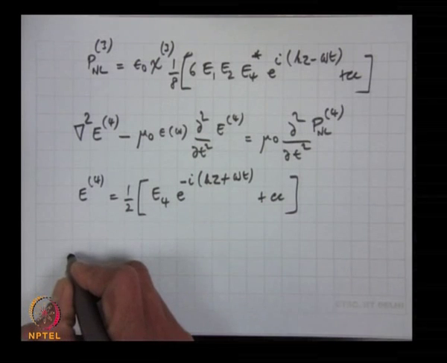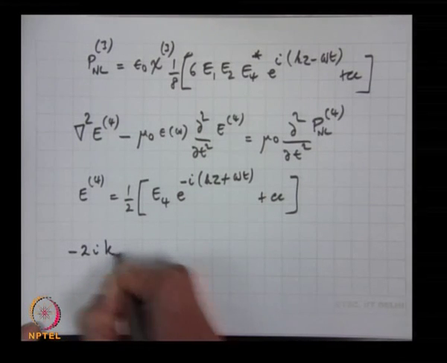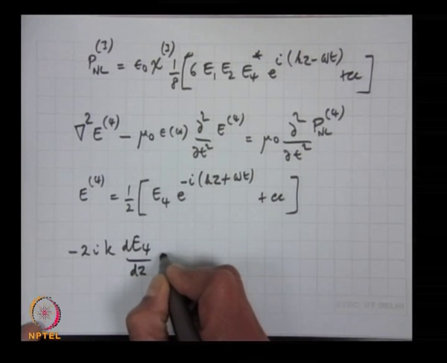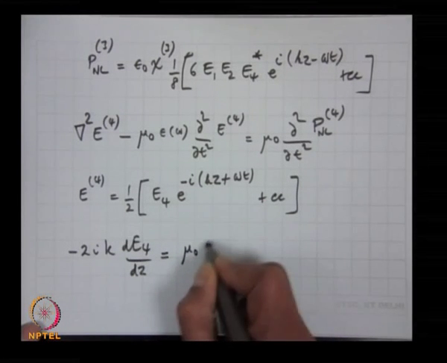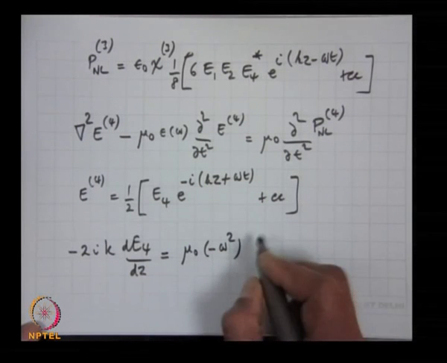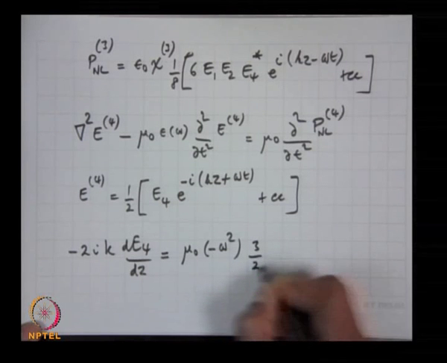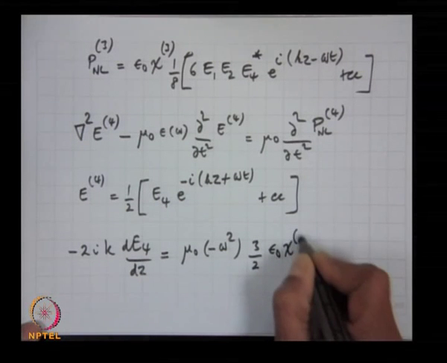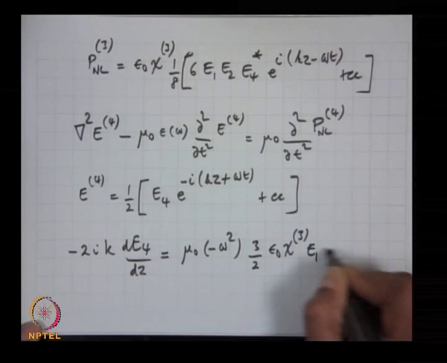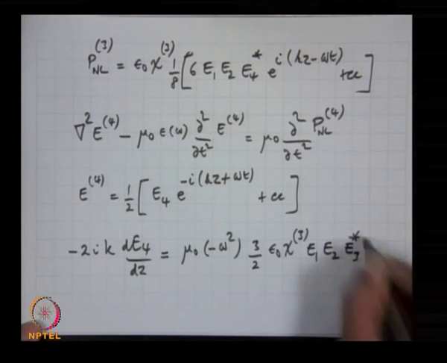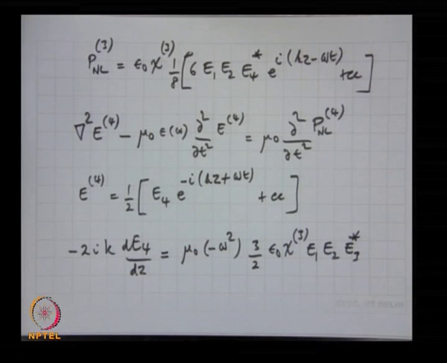I'll get minus 2i k dE4 by dz is equal to mu naught minus omega square into 3 by 2 epsilon 0 chi 3 E1 E2 E3 star. I leave the substitution to you. It's exactly the same procedure as we had done before.